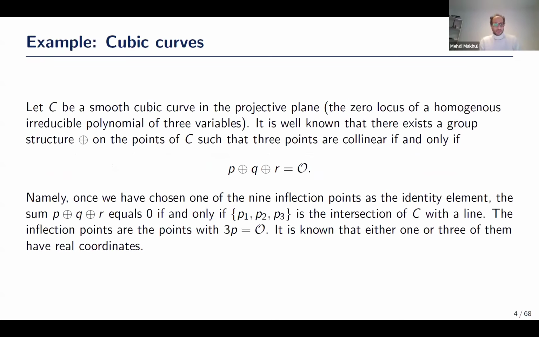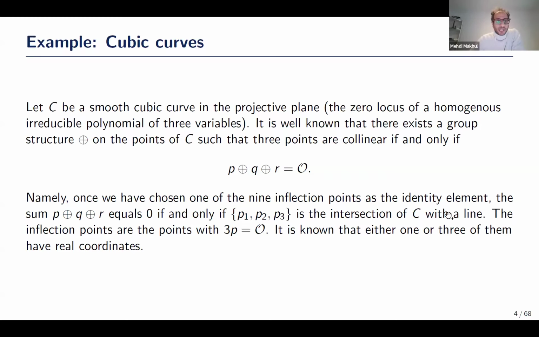So let me give you some examples of sets in the plane with too many tree-rich lines. We will see what I mean by too many. So first, let me look at an irreducible smooth cubic curve, also called an elliptic curve.